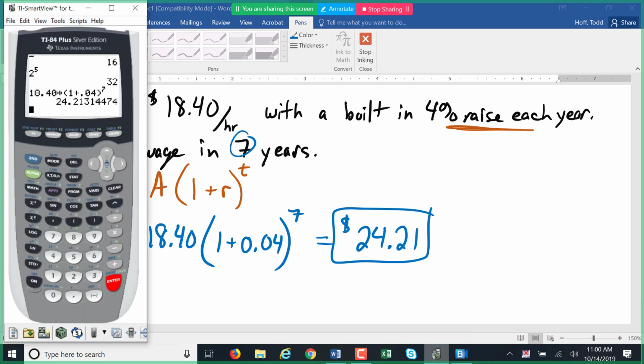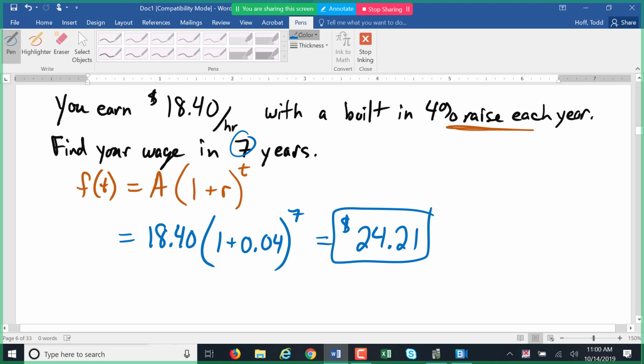Now you'll notice that wasn't exactly $24.21. It was 24.213, but we had to round it to those 2 decimal places because it is money. It's going to be cents. So in real life, this number might not be completely accurate, because each year they're not necessarily going to go back to that initial number and calculate it out to get your wage for next year.